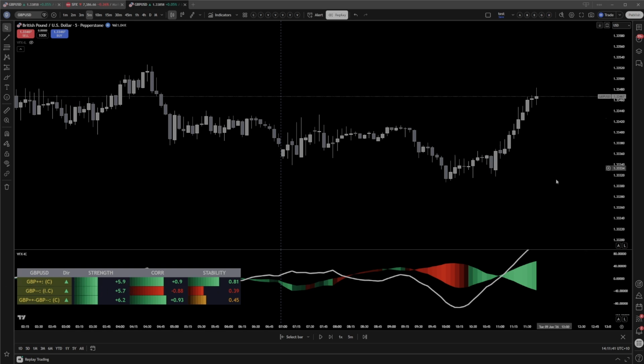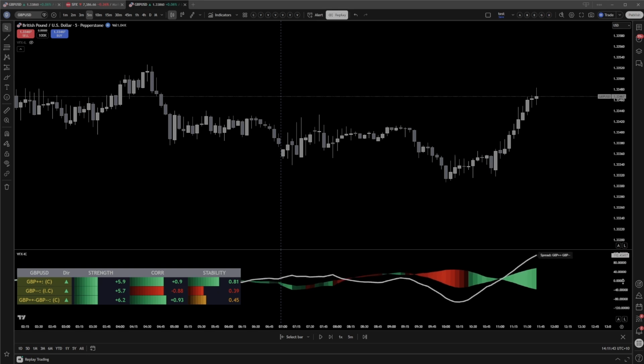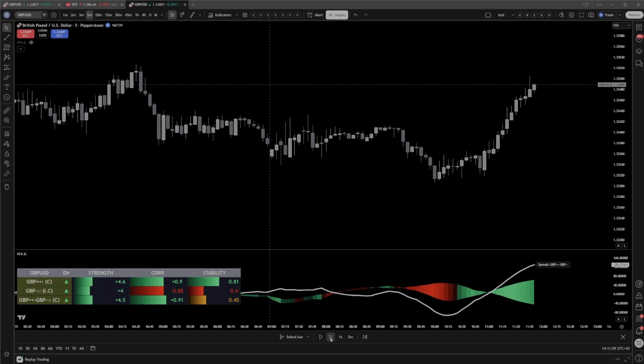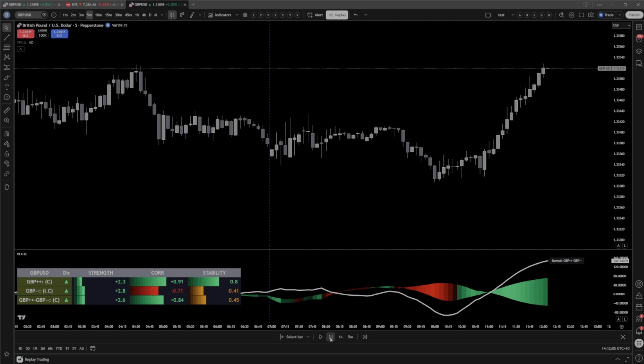That's to be expected. But even with variance in price through that upward move, the synthetic spread has remained constant in its upward direction. Let's keep going until it stops.